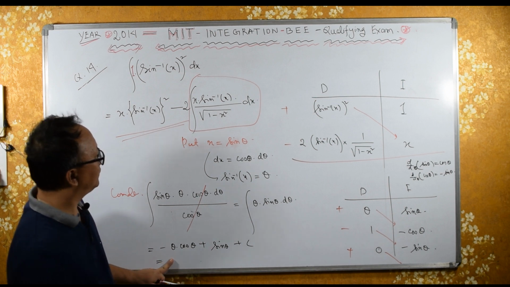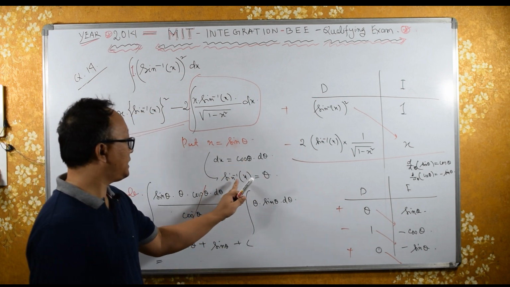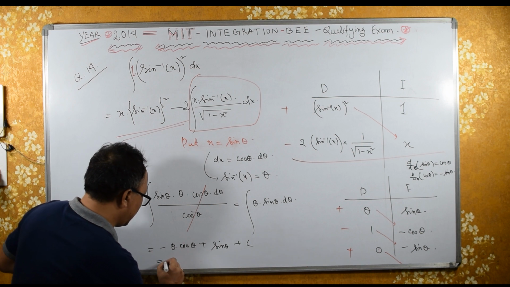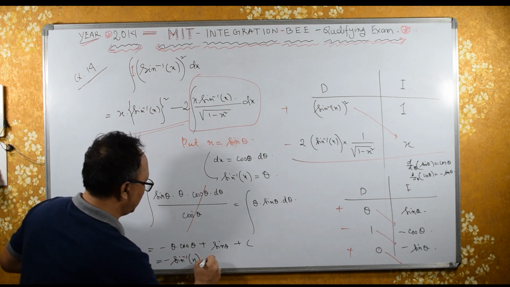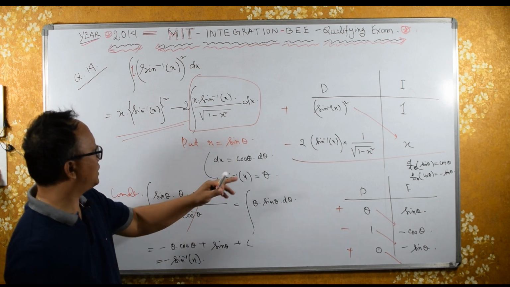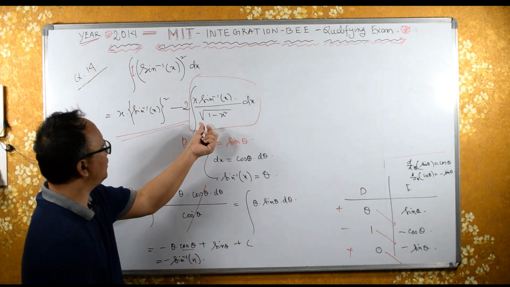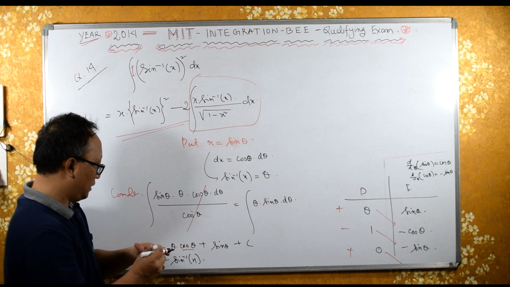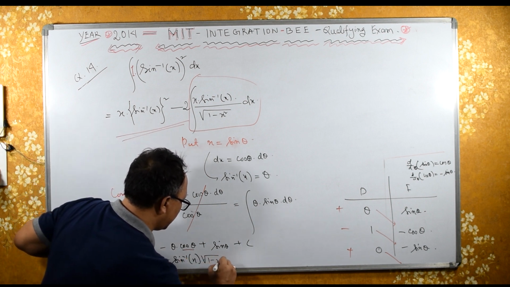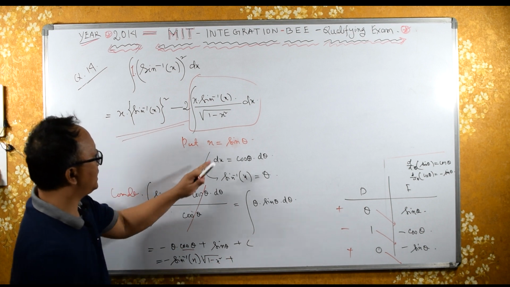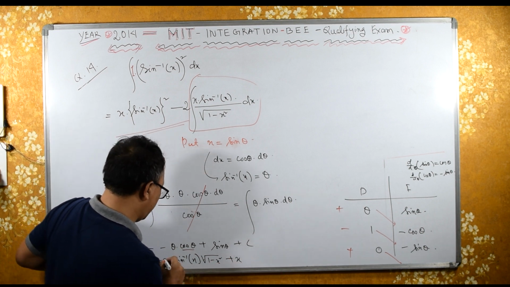What is theta? Theta is sine inverse x. Here minus sine inverse x and cos theta. Cos theta is the square root of 1 minus x square, plus sine theta, which is x.